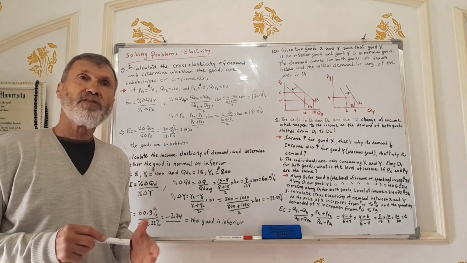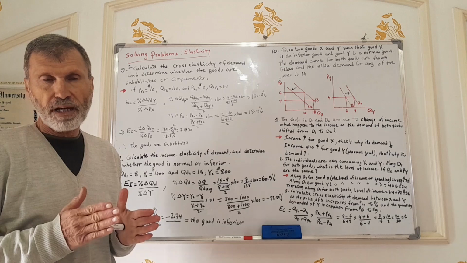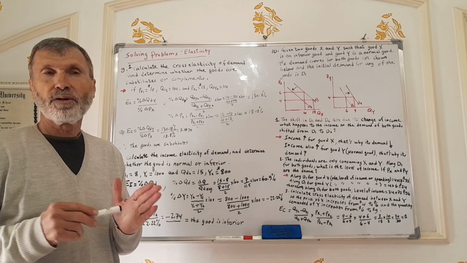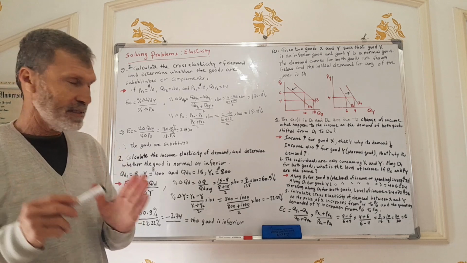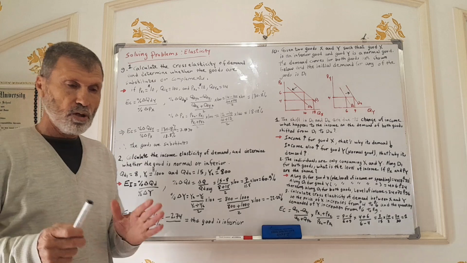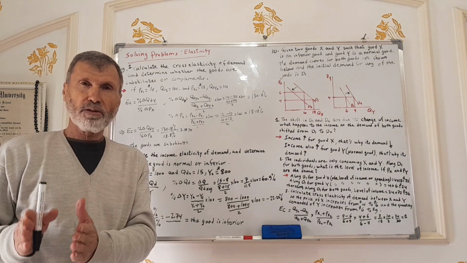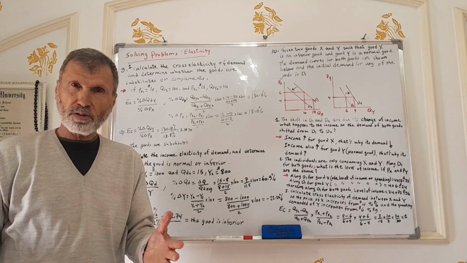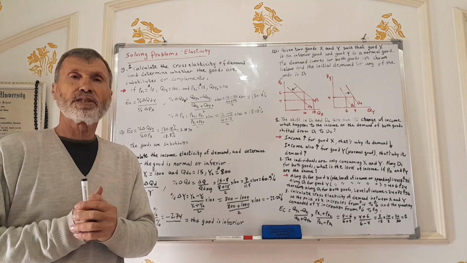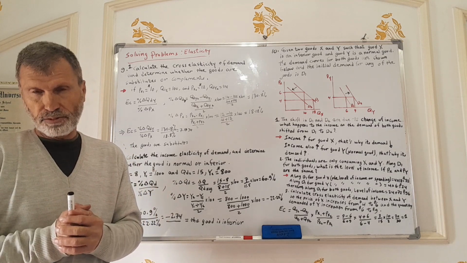When the value of the income elasticity of demand is negative, this means that the good in question is an inferior good. When the income elasticity of demand is positive, we say the good is a normal good or superior good. And when the coefficient of the income elasticity of demand is negative, the good is an inferior good.